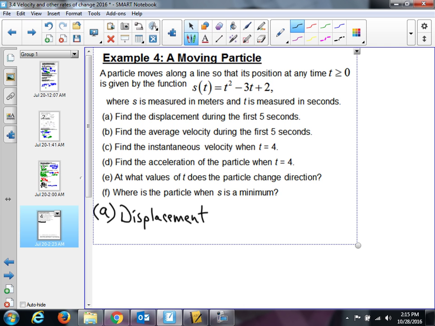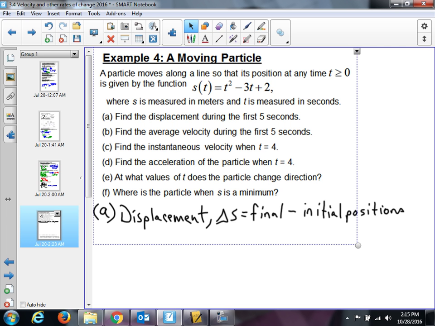Displacement, really, it's the change in s, change in position, right? And it's equal to final minus initial. Here, I'll say words first. Positions. Now, in words, that's what we're doing, but in this particular case, I'm going to write it in symbols.